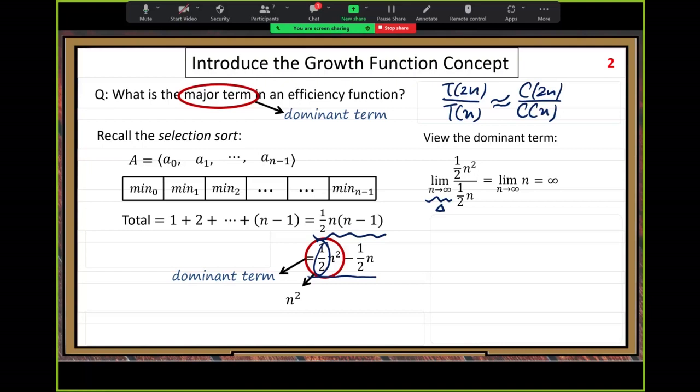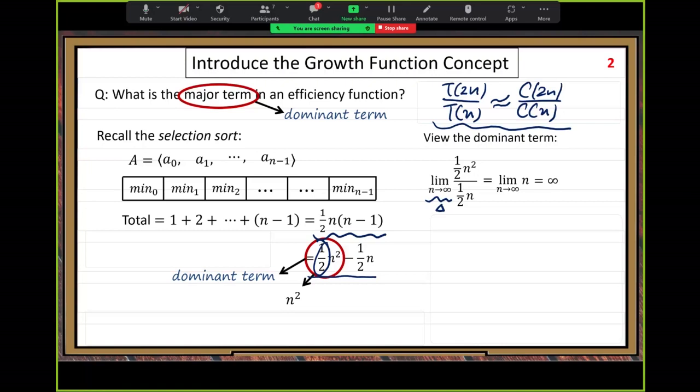If we take the ratio like this, double the problem size, then that leading coefficient will be canceled out.